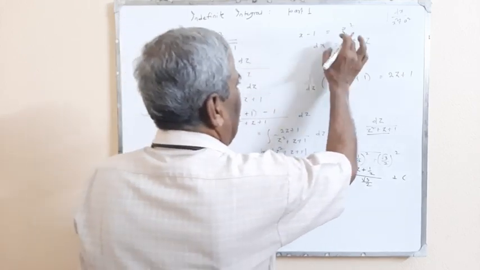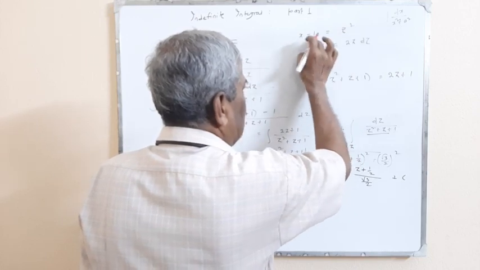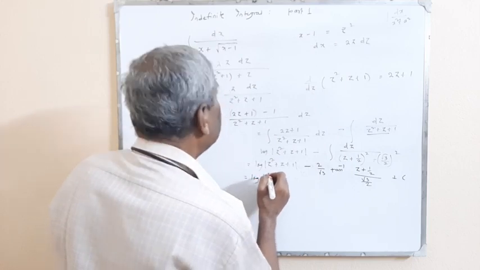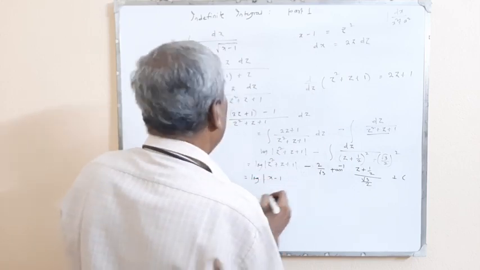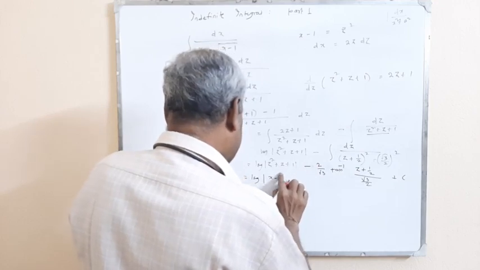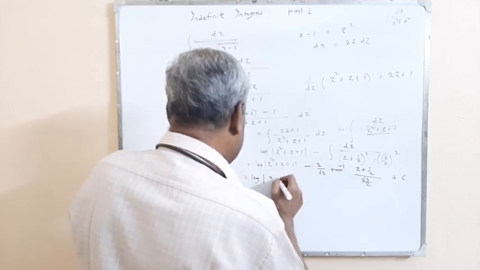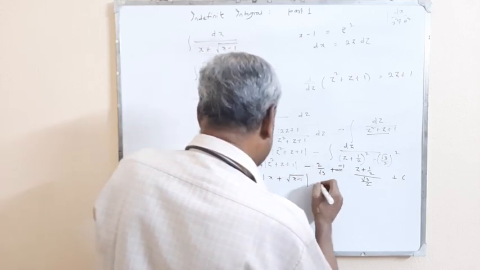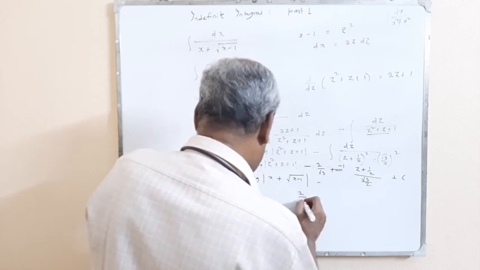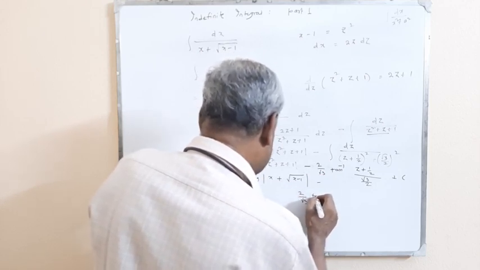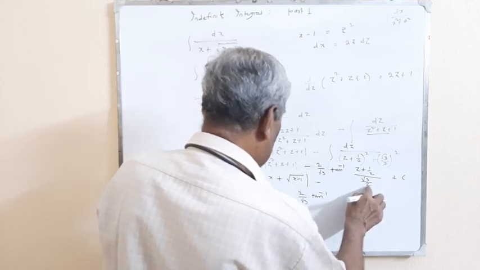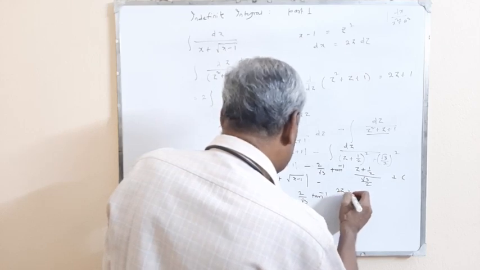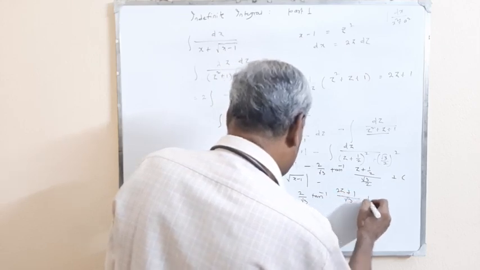I have taken z square is equal to x minus 1, so that it is equal to log of mod of z square, means x minus 1 plus 1, the 1 cancels, plus z, means root over x minus 1, minus 2 by root 3 tan inverse 2z plus 1 by root 3 plus c.